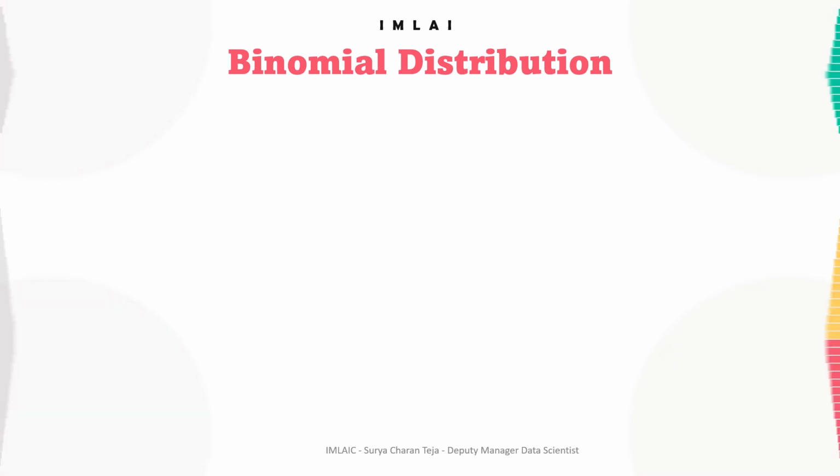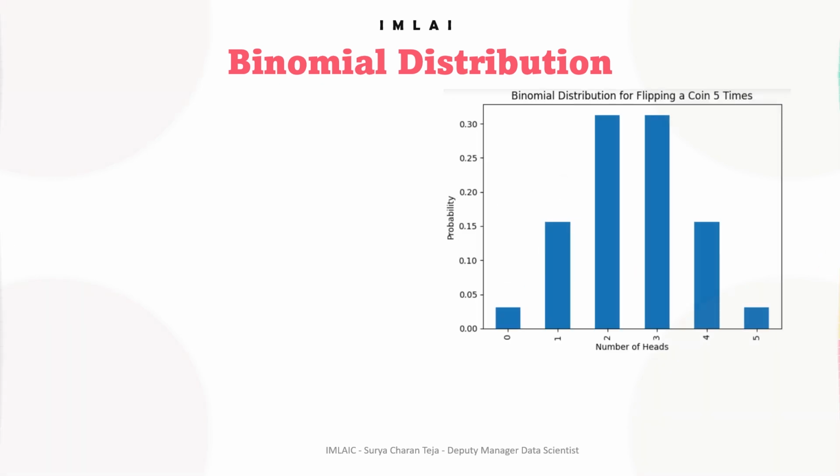Central to understanding the binomial distribution is the idea of a set of trials, each trial having two possible outcomes with definite probabilities. For example, flipping a coin 10 times is a binomial experiment with 10 trials, each trial having two possible outcomes, heads or tails.